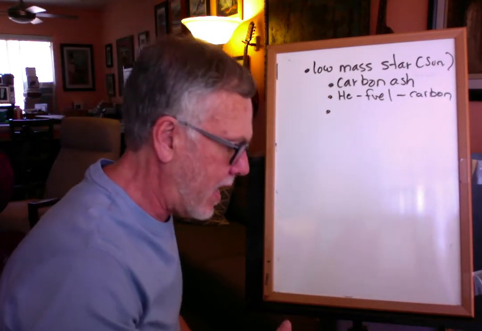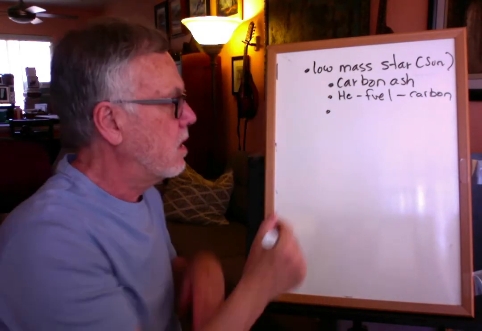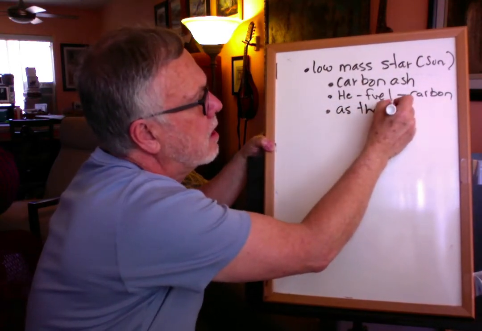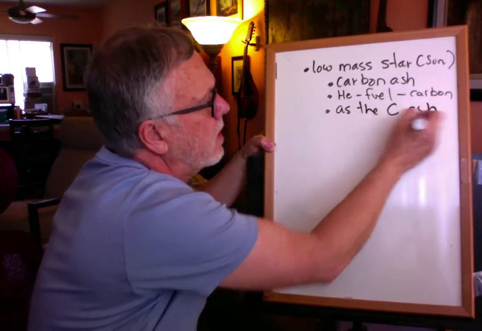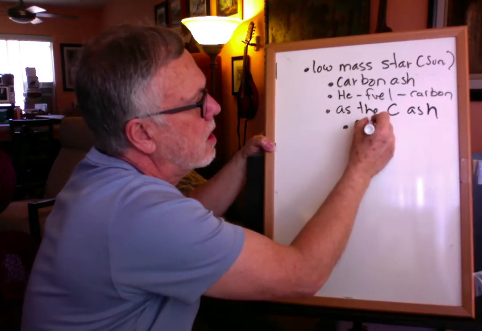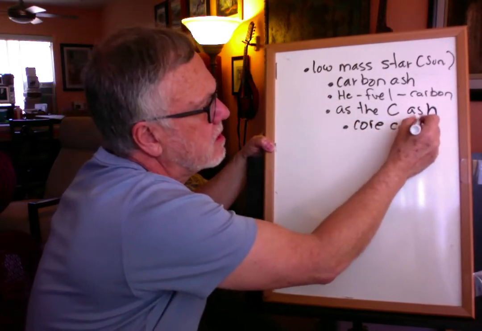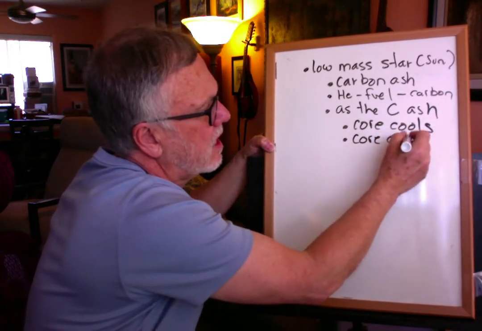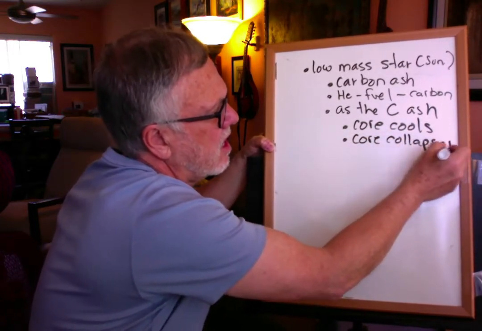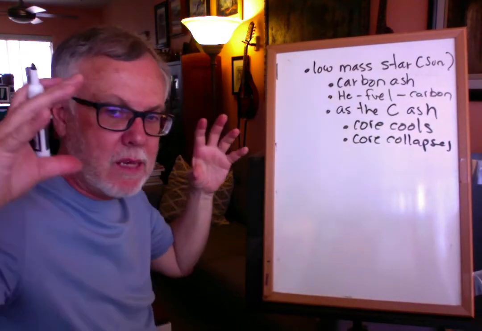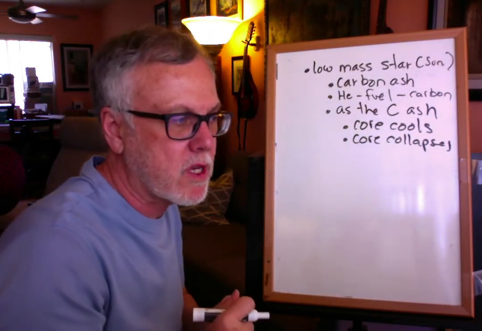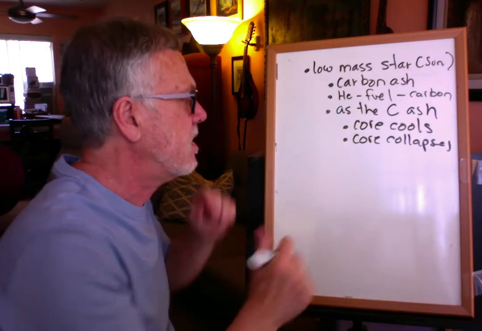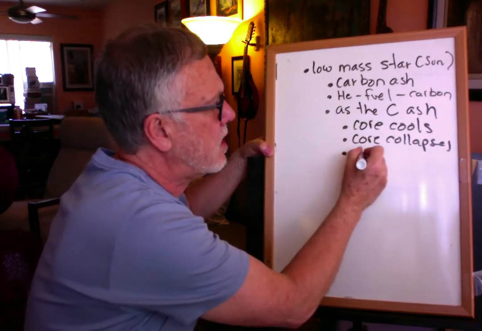As the carbon ash builds up, the core cools, the core collapses because of that gravity pulling it inward, overcoming the energy that's no longer flowing out as greatly. And again, the core heats up.